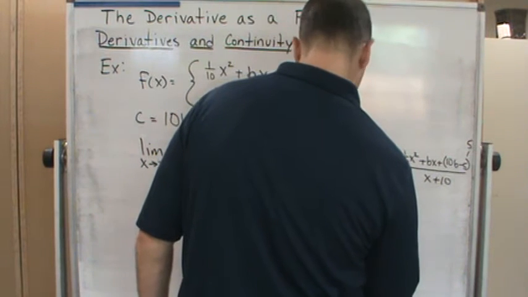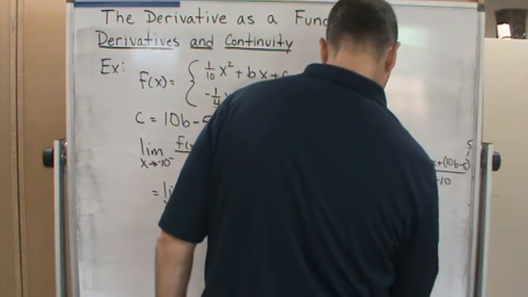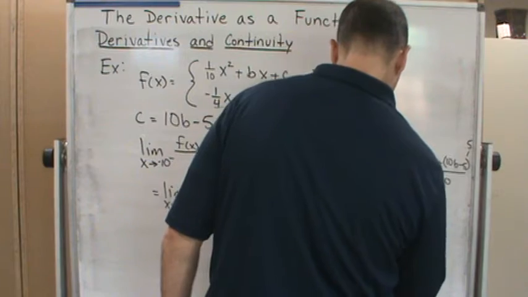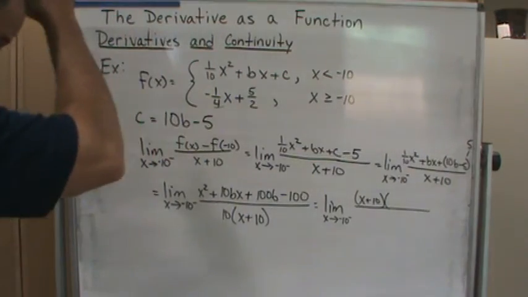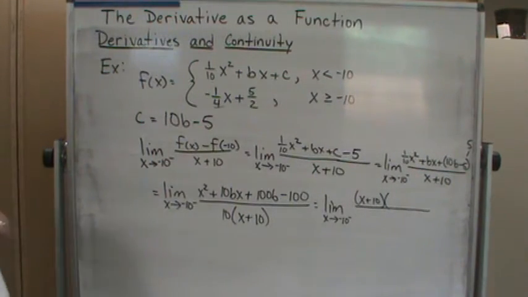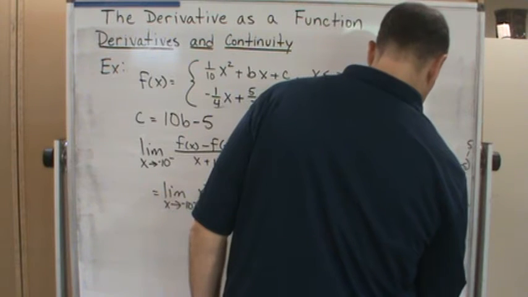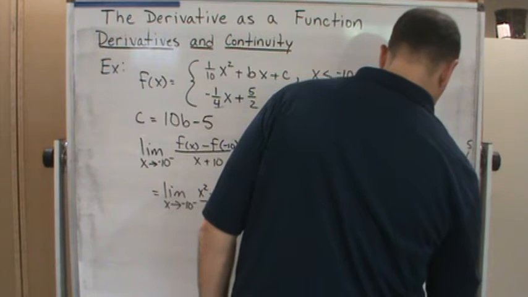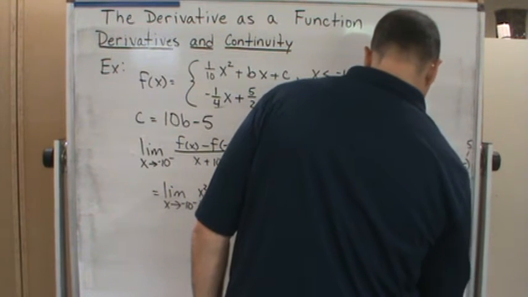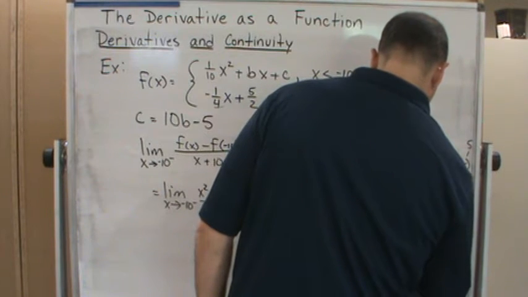And so we get x plus 10 times x minus 10 plus 10b, over 10 times x plus 10.